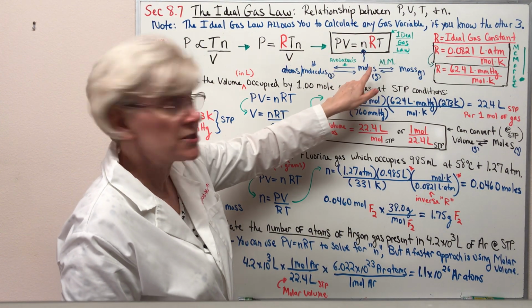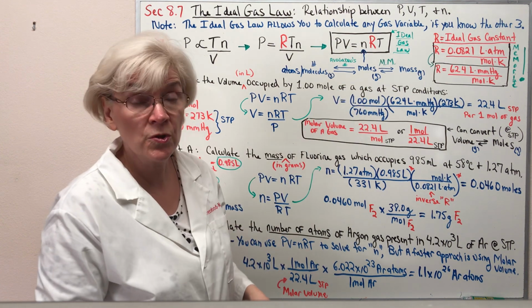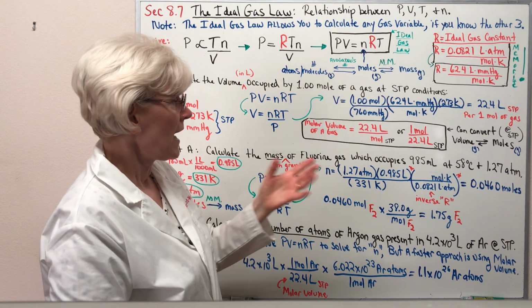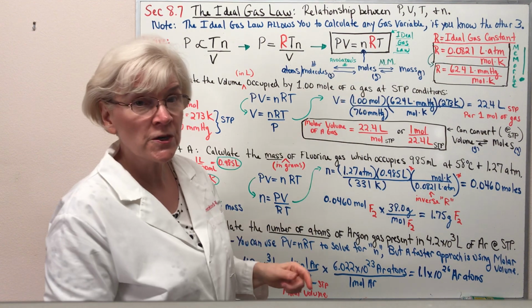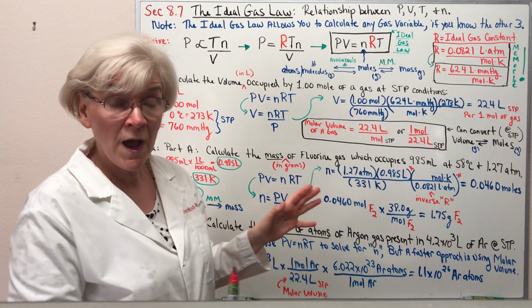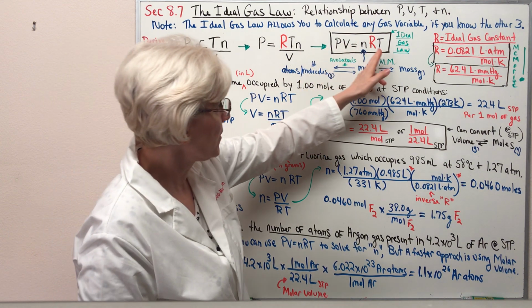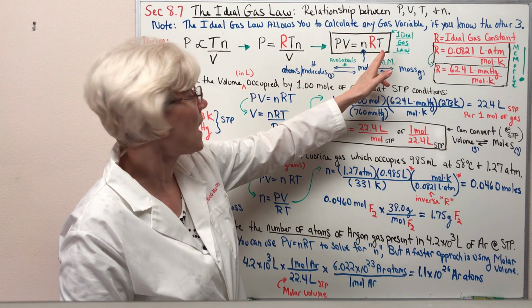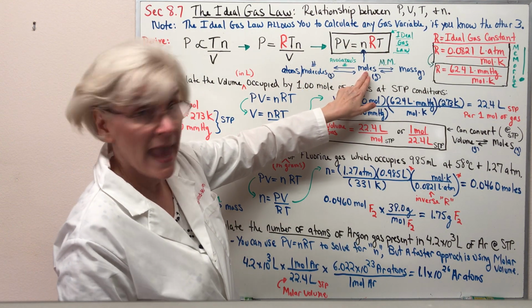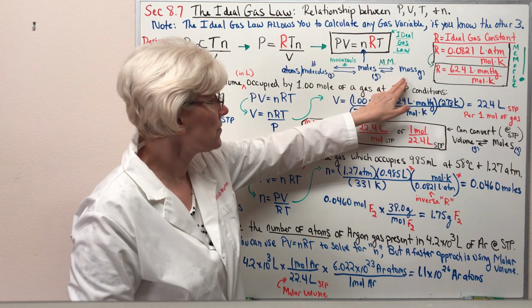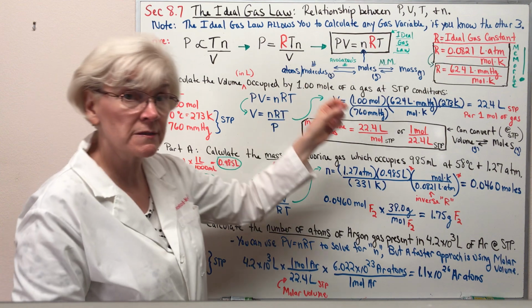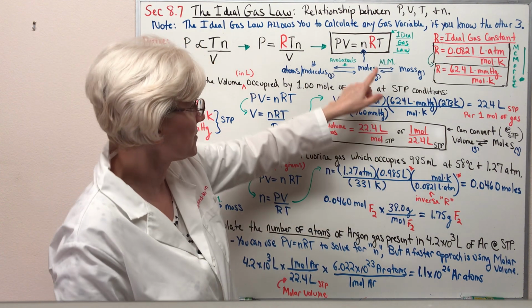Well, we learned about mole conversion problems in chapter 7. So what that means is that you can use the ideal gas law, solve for N, solve for moles of gas, and then do mole conversion problems like we learned in chapter 7.